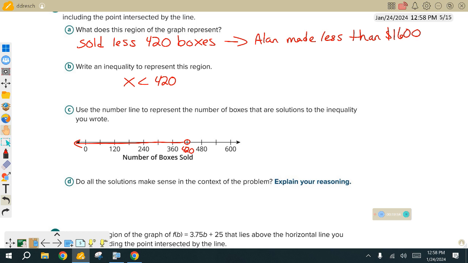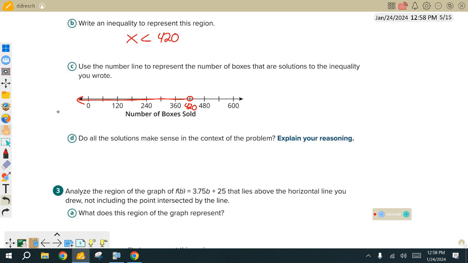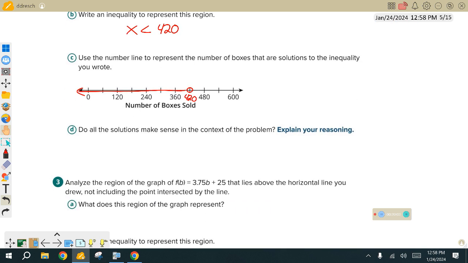So here in this problem, another thing to think about is, do all the solutions make sense in the context of this problem? No, because Alan cannot sell partial boxes.